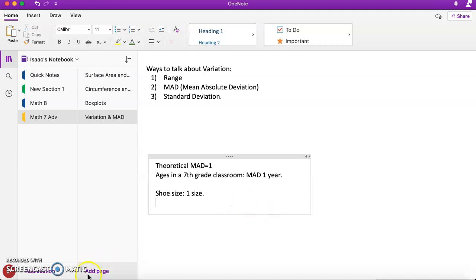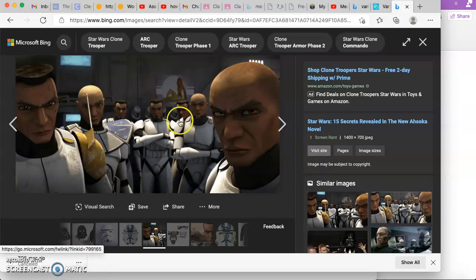Another scenario, fictional, but forgive me for having a little fun with it. You know who these guys are? In Star Wars, there's something called the Clone Wars, and the main good guy fighters are all clones. So it wouldn't be too surprising if we asked 10 clones and they all had very close to the same shoe size, because physically, as you can see, they're pretty much all the same guy.